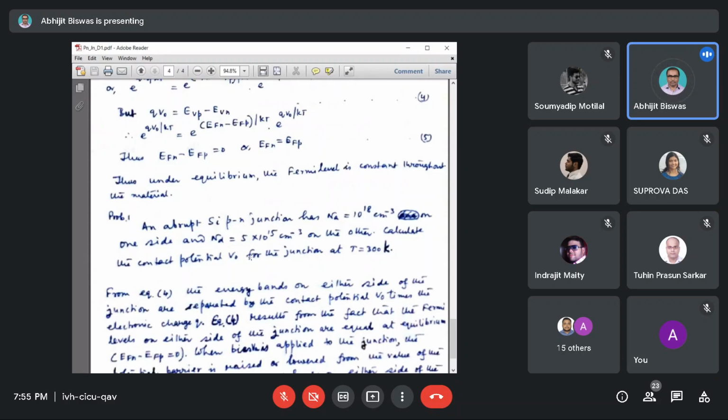Only the problem for silicon is given. You can extend this problem to germanium and gallium arsenide as well. And also you can take 3-4 temperatures so that you can get an idea how contact potential changes with the change in temperature.